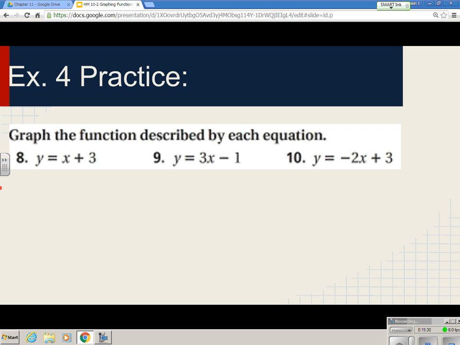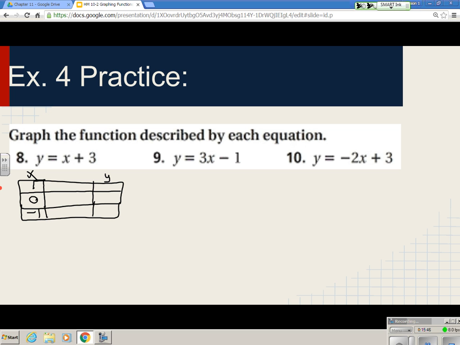Okay, remember, first thing you want to do is make a table. Hopefully that's big enough. Let's see, y and x. I'm going to do the same as I did last one: 1, 0, negative 1. So we're going to replace x with 1, 1 plus 3.